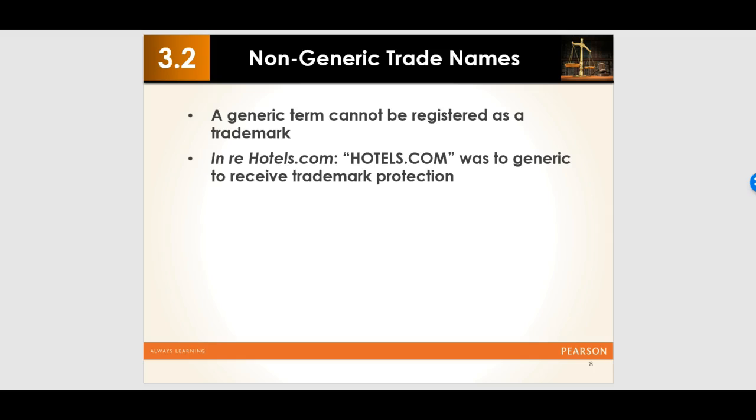So the courts confirmed that hotels.com could not receive trademark protection because it is too generic.